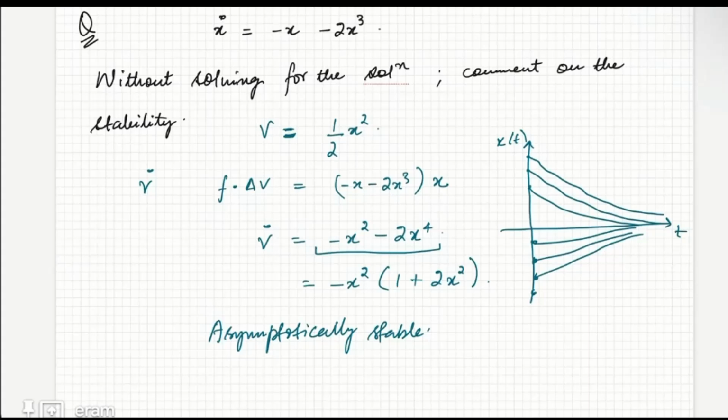You can also check this by plotting in MATLAB. You can write this equation and solve it using ODE, or you can use Simulink, and then plot the trajectory with respect to time. With different initial conditions you will observe that the solution will converge to 0 as t goes to infinity.